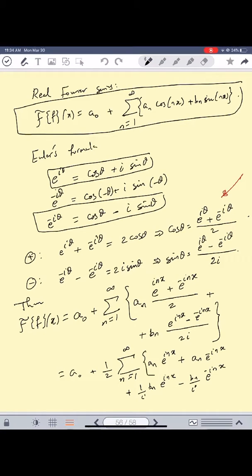Okay, so this is what you have now. My next step is I'm taking the positive exponentials. If you look here, you have a_n e to the i nx and b_n e to the i nx, and also I'm taking the negative exponentials together.